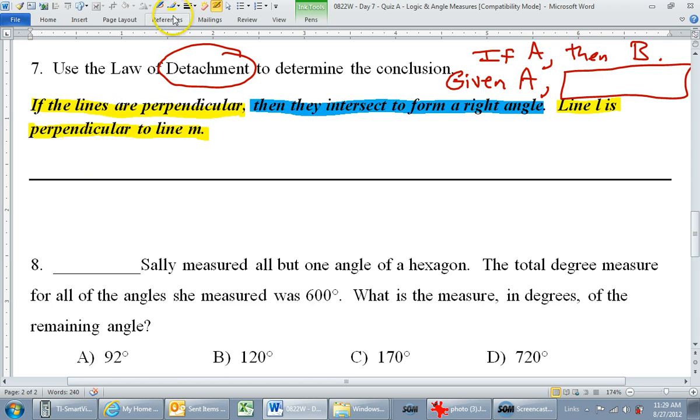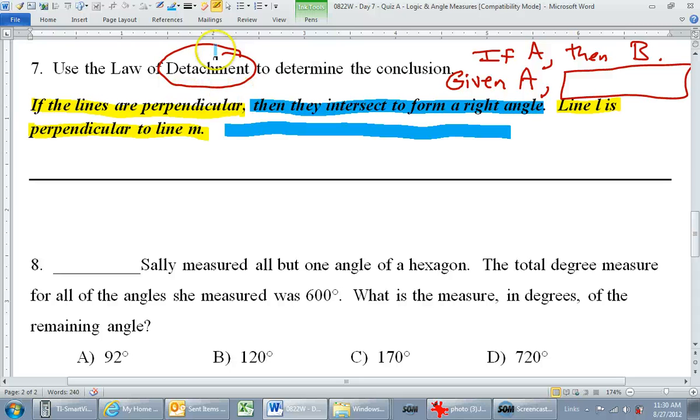The conclusion that we were looking for should have been of the form B. We were looking for a statement that's similar to B. So basically, anybody that mentioned the word perpendicular on this line got it wrong. The conclusion of a detachment should just be that last statement, the B part, the part that I have here in blue. You should have said something about intersecting to form a right angle. Nothing from the yellow should have been included on that line. And it certainly should not have been a whole if-then statement.